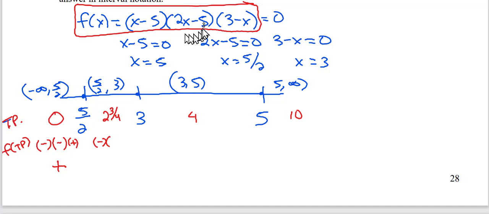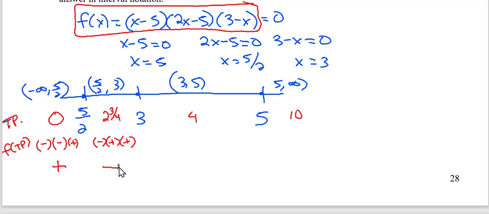Then, when we multiply by 2 and subtract 5, we are going to get a positive number, since 2 times 3/4 and subtract 5 is bigger than the 5/2, which is what would make that 0. So something bigger than that is going to make it positive. When I plug 2 3/4 into the 3 minus x, I will also get a positive. A negative times a positive is negative.